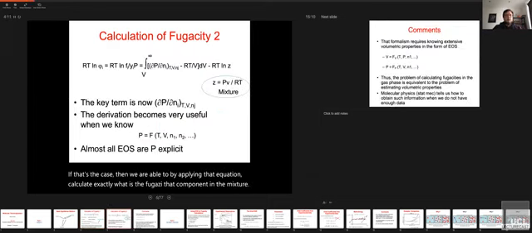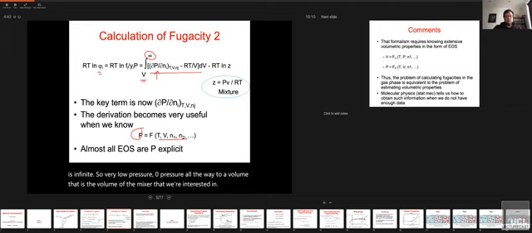If you go back to the Prausnitz book, what you can see is that you can express the same quantity in a different way, but now we are expressing the pressure of the system as a function of the composition, the temperature, and the volume. But the principle is exactly the same. Now, what we need to do is to be able to express this pressure all the way from a volume that is infinite, so very low pressure, zero pressure, all the way to a volume that is the volume of the mixture that we are interested in.